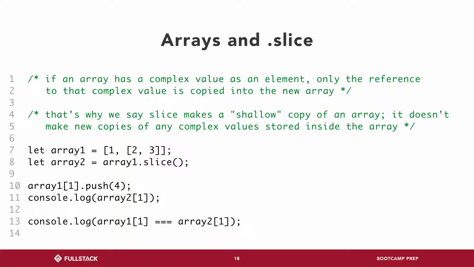So when we only did a slice before of memory address 1, memory address 3 and 1 at the first index still pointed to that inner array at address 2. So if we access that array from both of them, we're both getting a reference to memory 2. And so it's true.